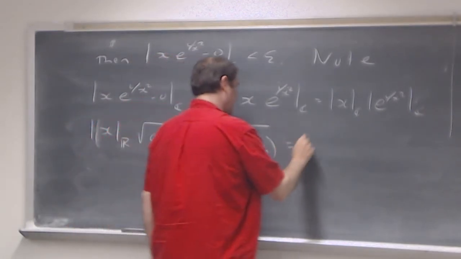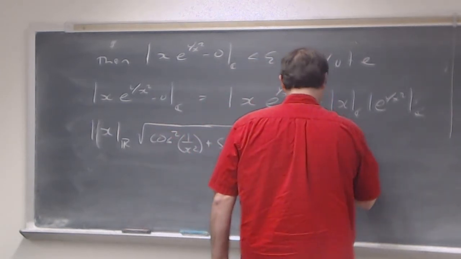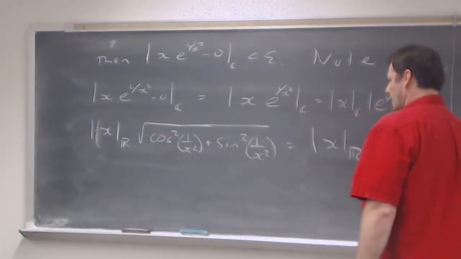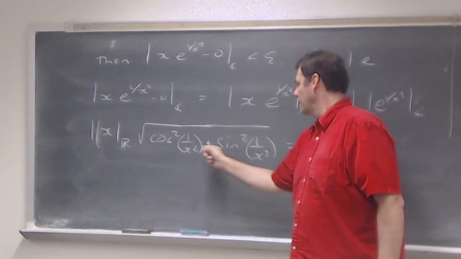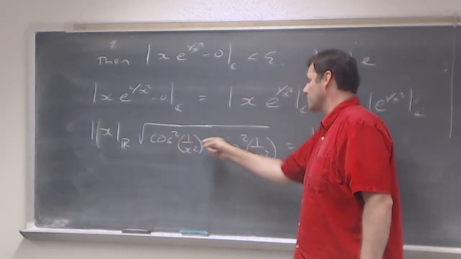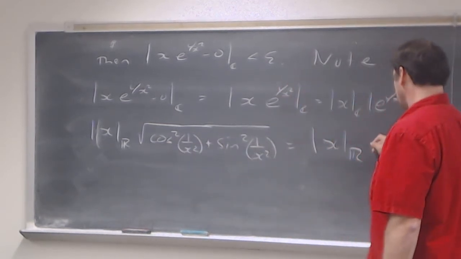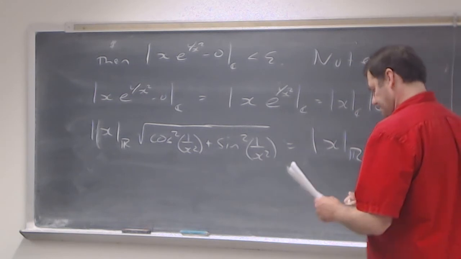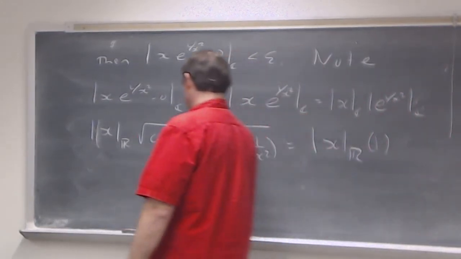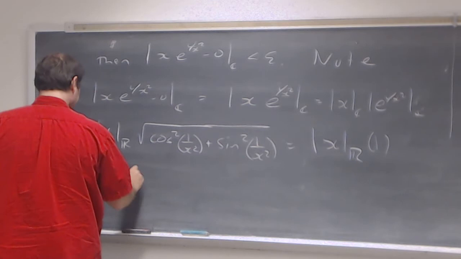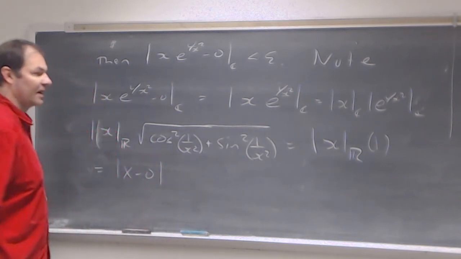Cosine squared plus sine squared is the same thing as 1. It's the square root of 1, so we just get 1. And that's really equal to the absolute value of x minus 0 in R.